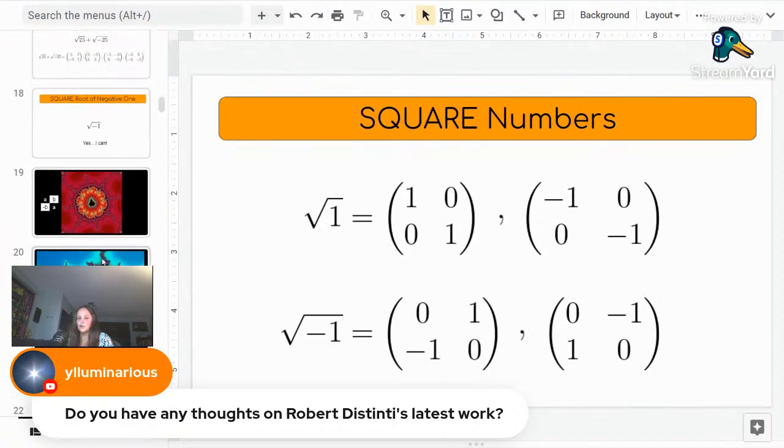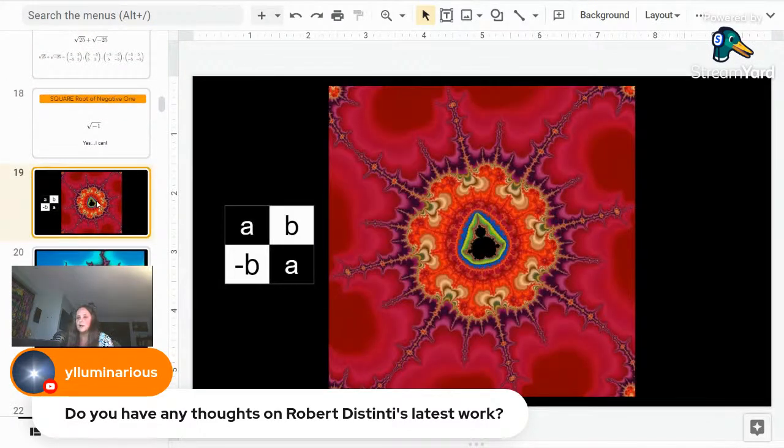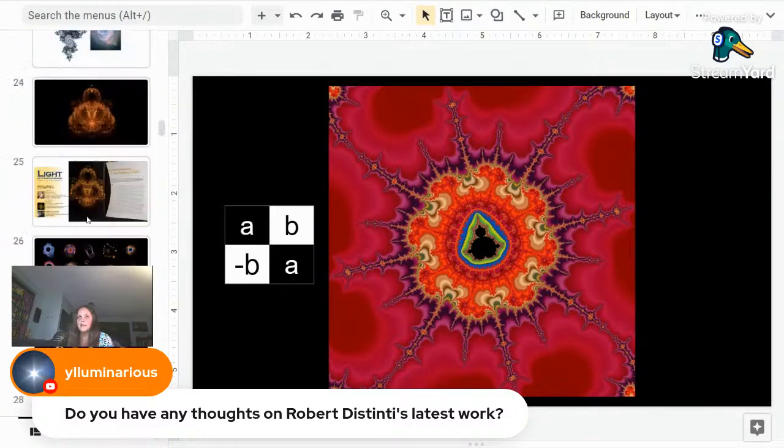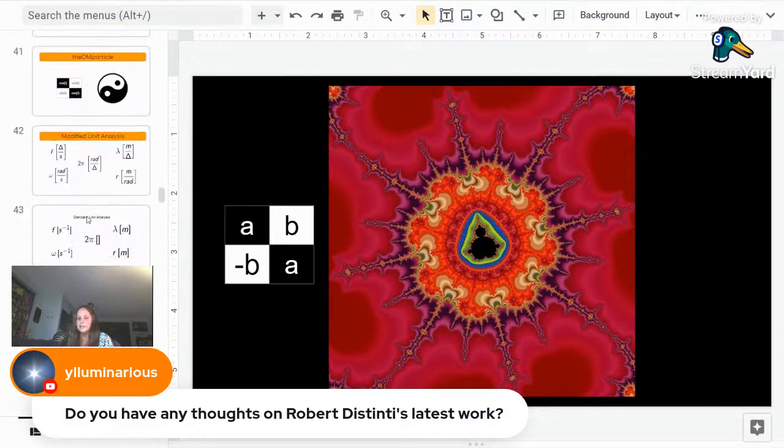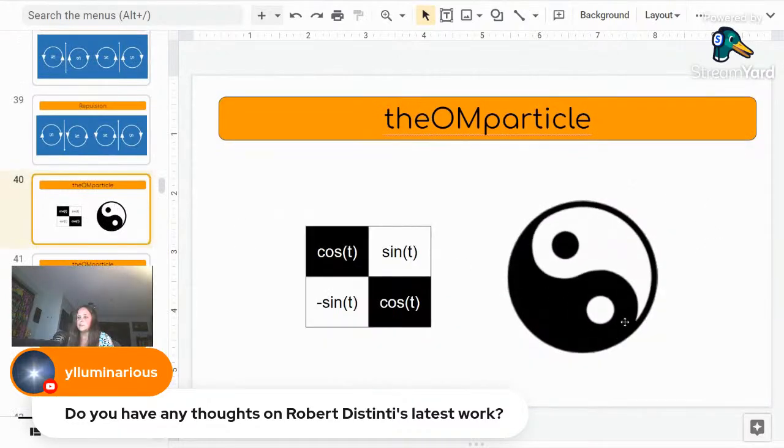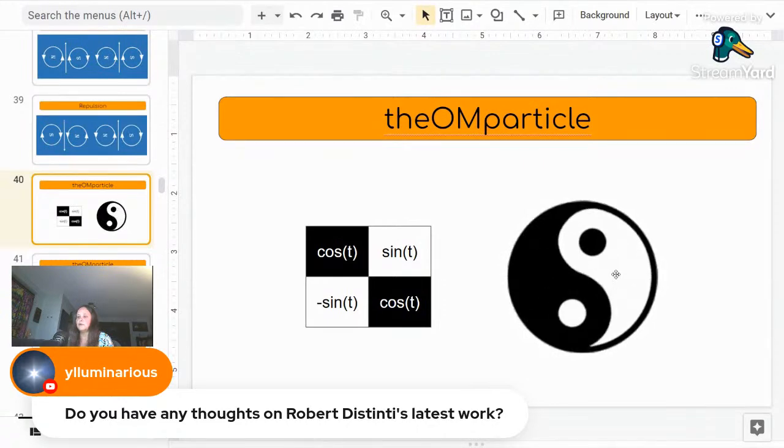And to apply it to the Mandelbrot set, and to all the other things that I did. So I really have to be grateful to Robert Distinti for that. The other idea I got from Robert Distinti was my ether circulation model. He's got a model very similar where he calls them protons.